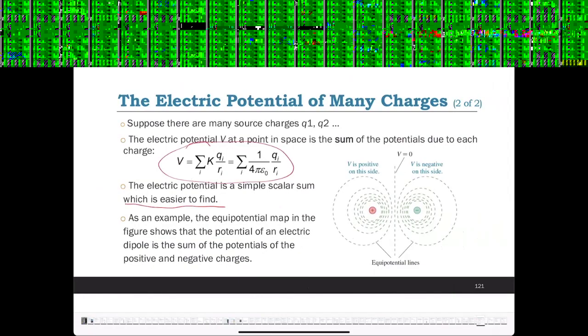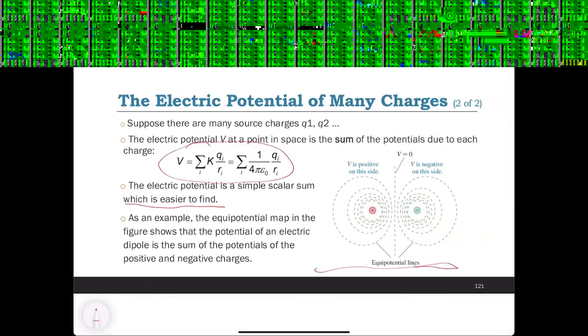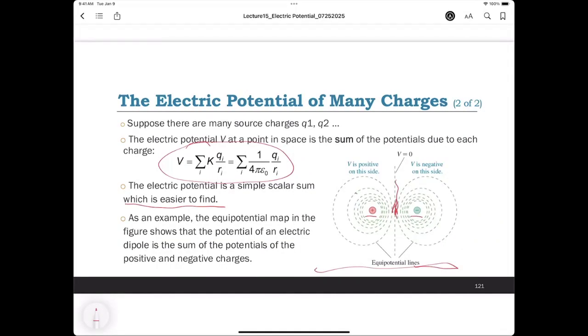equipotential map in the figure shows that the potential of an electric dipole is the sum of the potentials of the positive and negative charges. You can see here, here is a positive, here is a negative. Here V is positive on this side, and V is negative on this side.